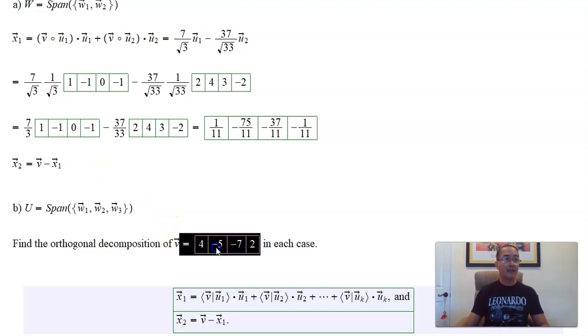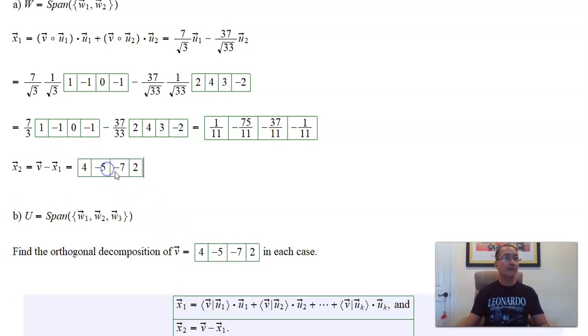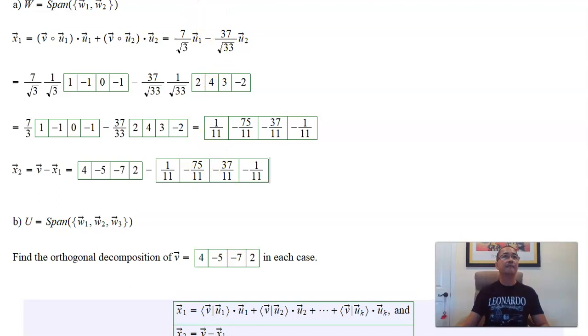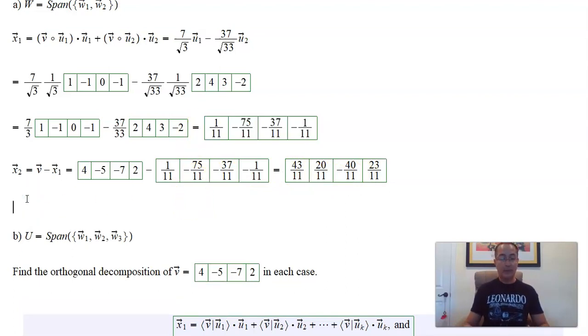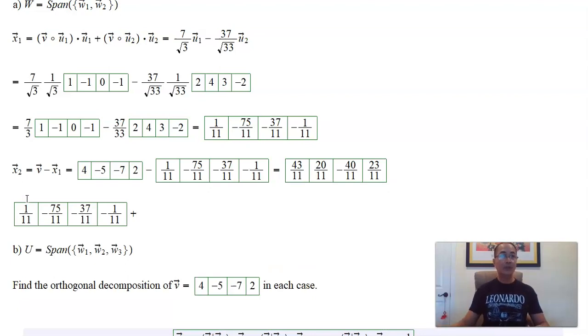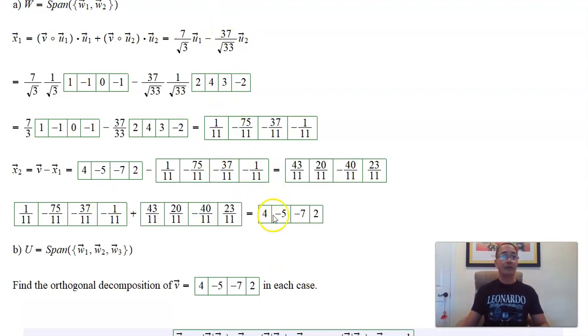Our v is this guy over here, and we subtract this one. Okay, there you go. So that's the orthogonal decomposition. If you add these two together, you should get the original vector. And of course you better, because we just used Maple to take the difference.